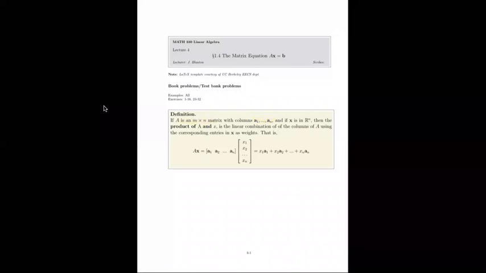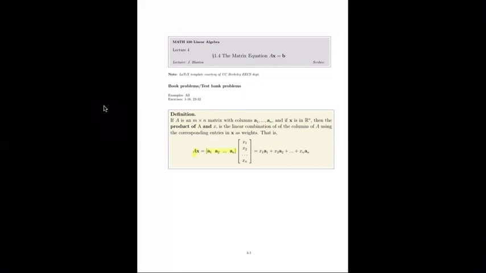And if X is a vector in the space Rn, then the product of A and X, the matrix A and the vector X, is the linear combination of the columns of A using the corresponding entries in X as weights. So that looks like this. We have A times X, matrix times vector.